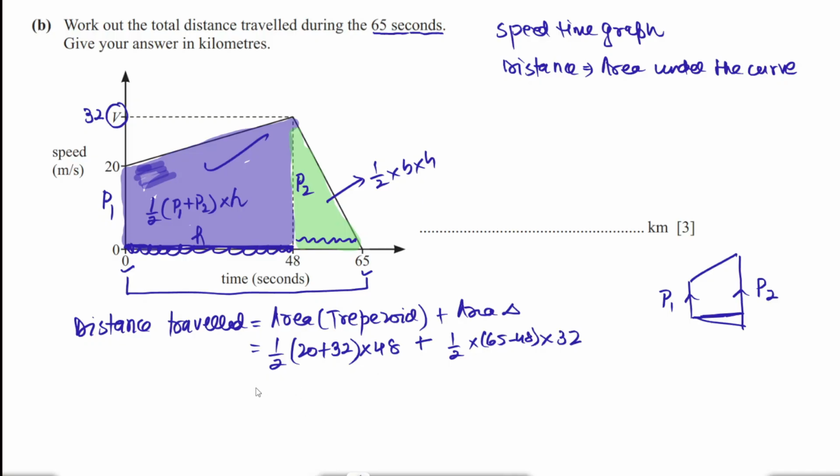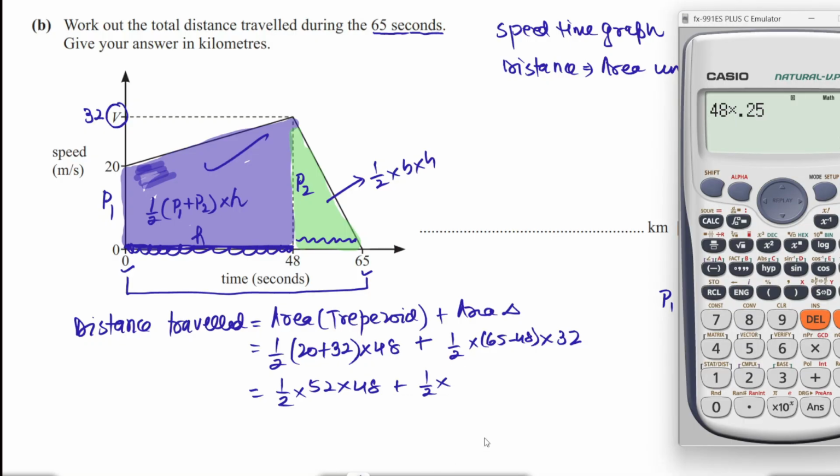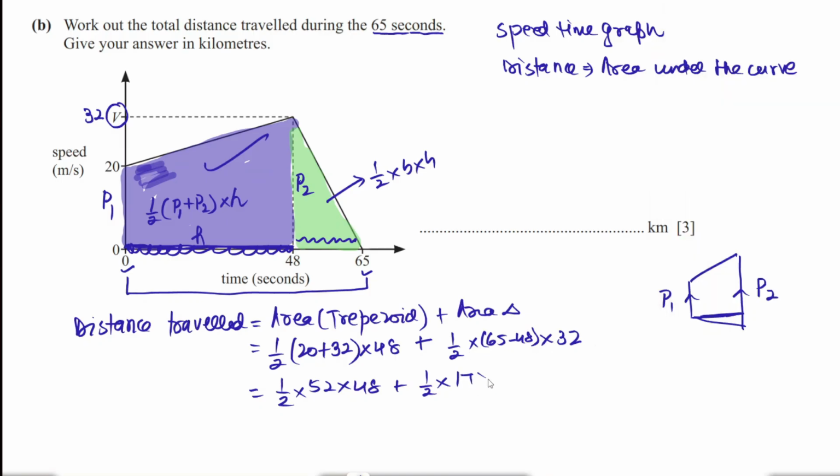And let us simplify this now. So half times this is going to come out to be 52 into 48, plus we have half of 65 minus 48, that gives you 17 times 32.